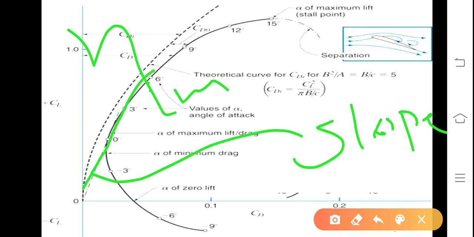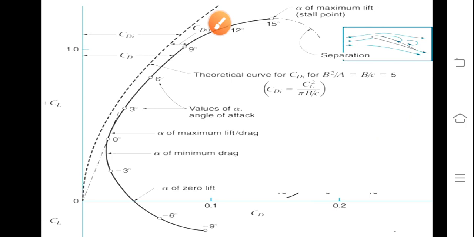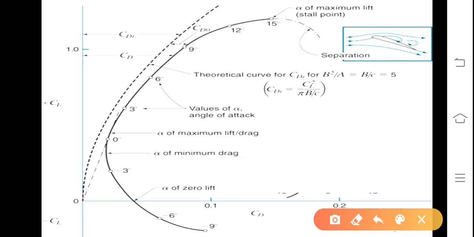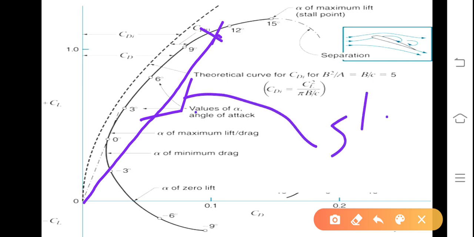Whereas if you consider any point, you take this point, join it to the origin, then the slope of this line will give us the efficiency at that point.